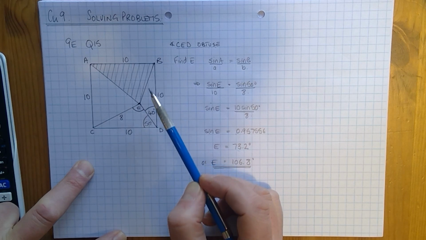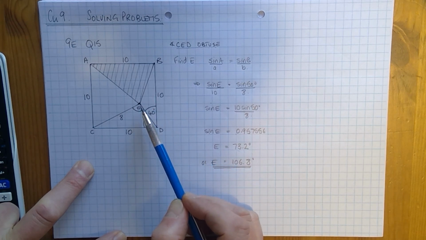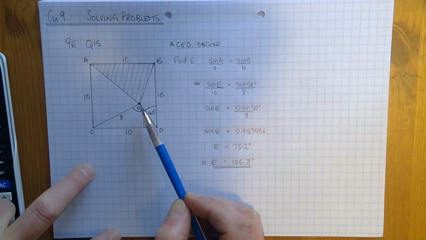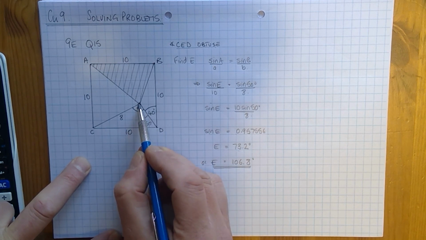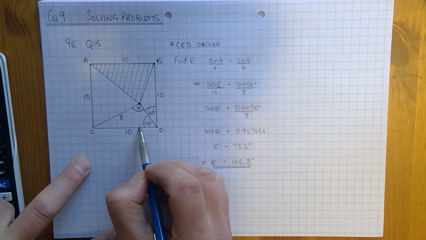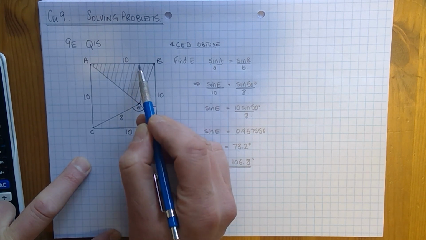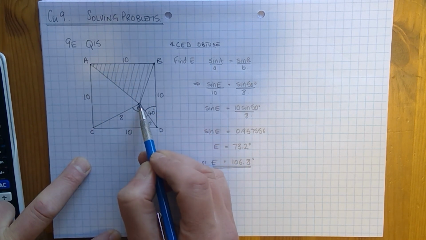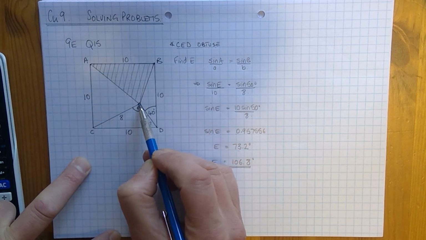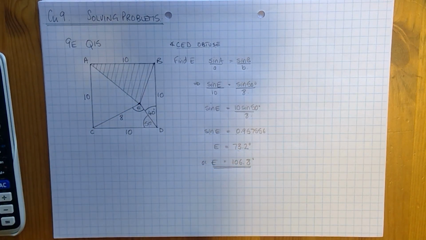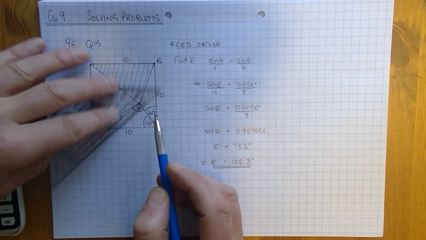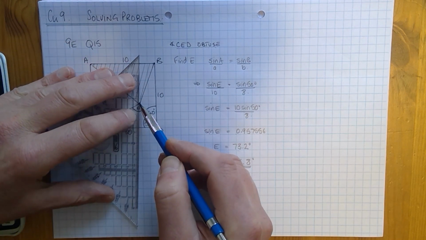I have a feeling here it might be easier to use the year 8-9 version of the area of a triangle. If I can work out this distance here, take it from 10, that'll give me this distance here. So I have the base and I have the height of this triangle. I'm going to do it that way. So ideally I want this height here.